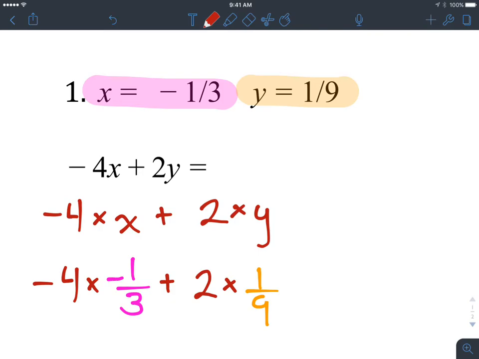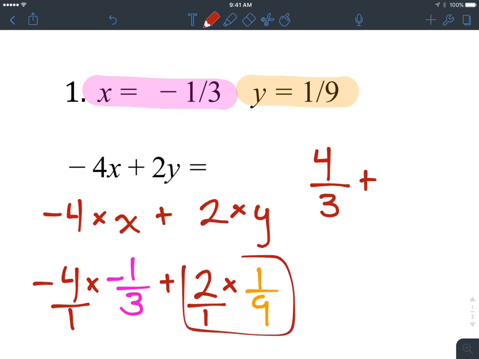So negative 4 times negative 1 over 3, we can turn that negative 4 into a fraction by putting it over 1, and that 2 into a fraction by putting it over 1, and now we're multiplying fractions. Remember, you multiply fractions straight across, so this is negative 4 times negative 1, which is going to give me a positive 4. 1 times 3 gives me 3, and then plus 2 times 1 gives me 2. 1 times 9 gives me 9.